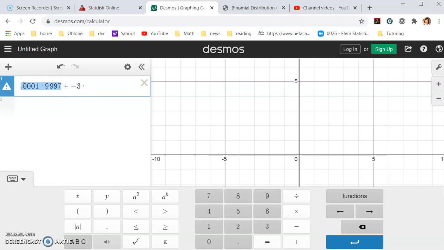If you win, you have 9997. X times P of X is 0.0001. And then if you lose, you would have -3. But the probability of losing is really high, 0.9999, right?